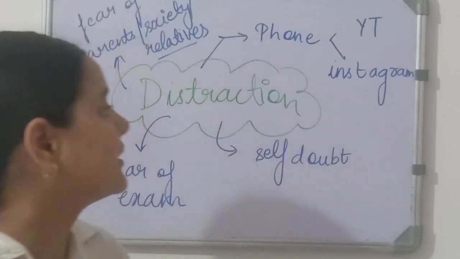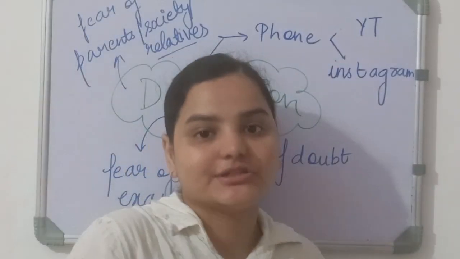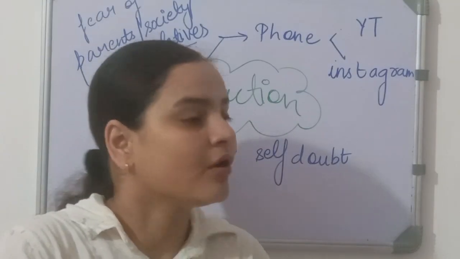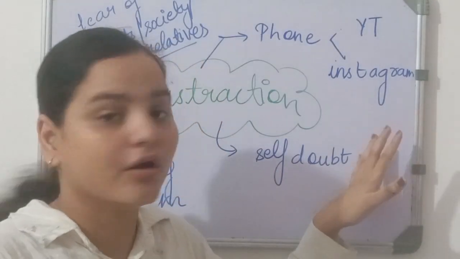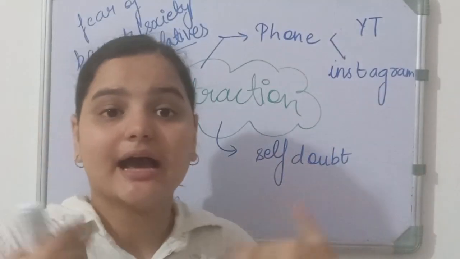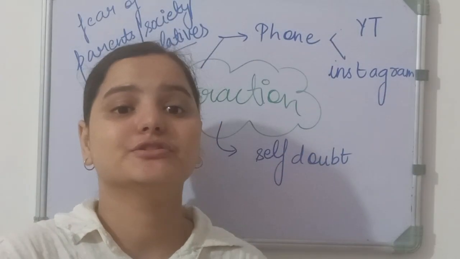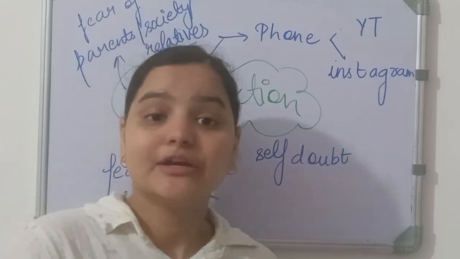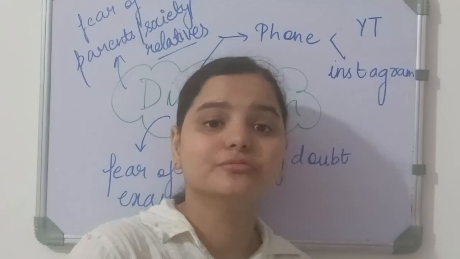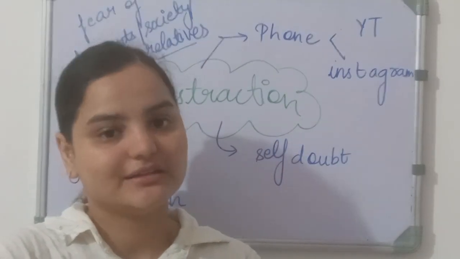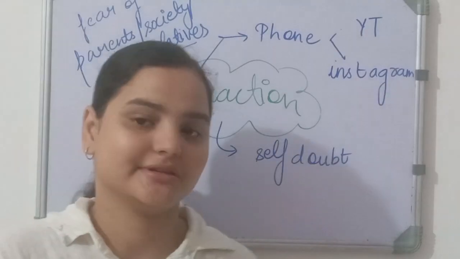Okay, now next is Instagram. You are in such a stage that, no matter what, you cannot have full control over yourself. Especially if you ask any people of my age or your teacher, they also don't have full control over themselves. So I request, it will be much better if you don't use Instagram.